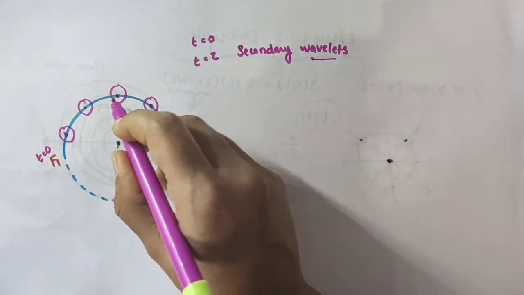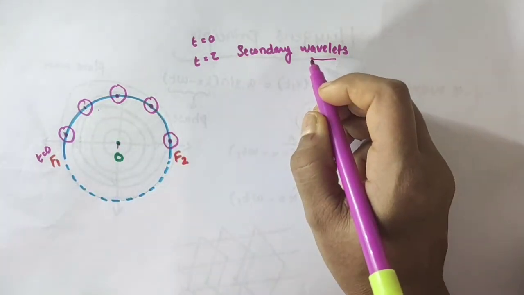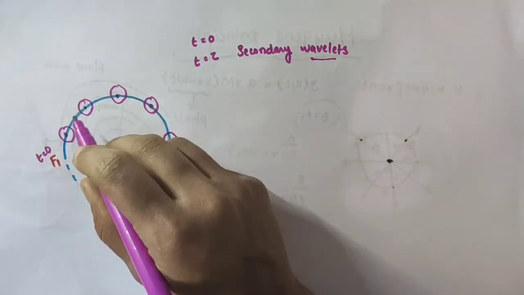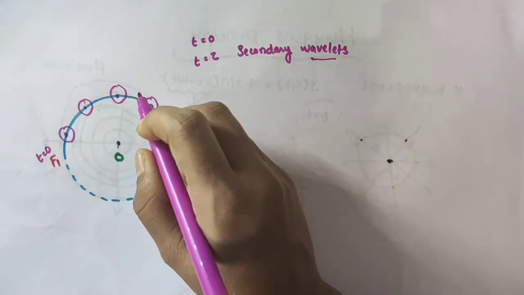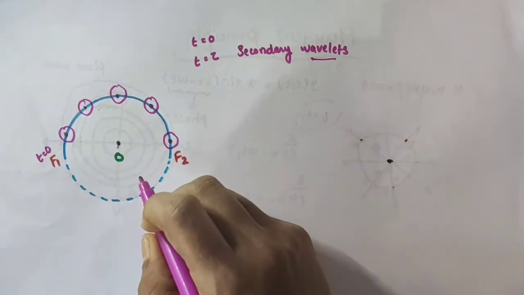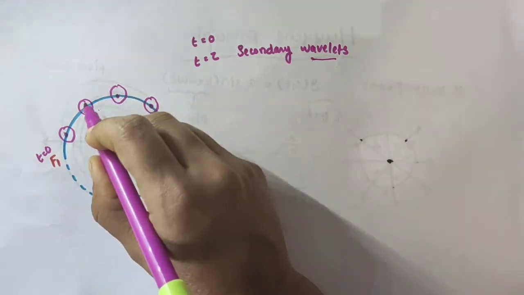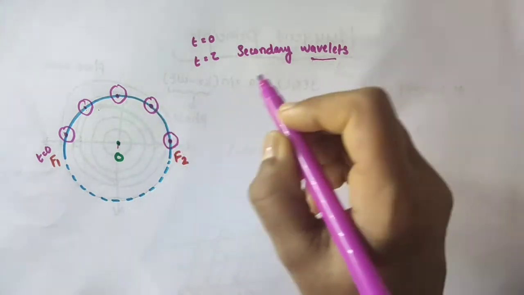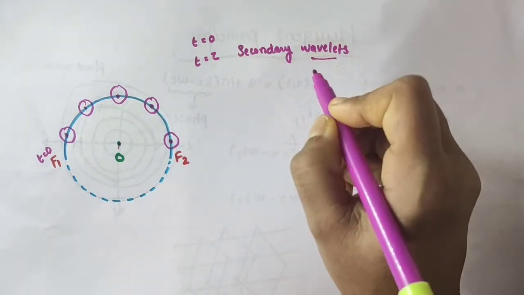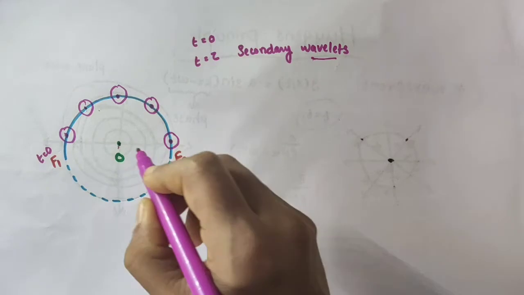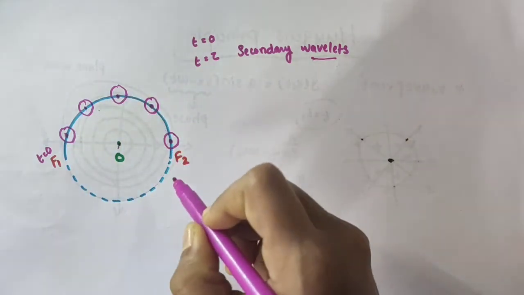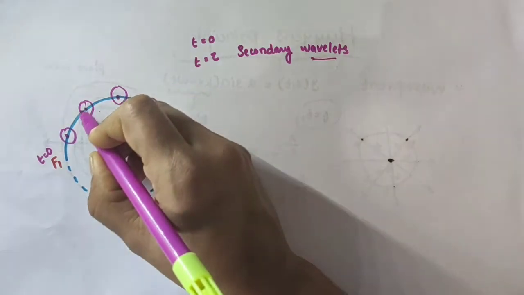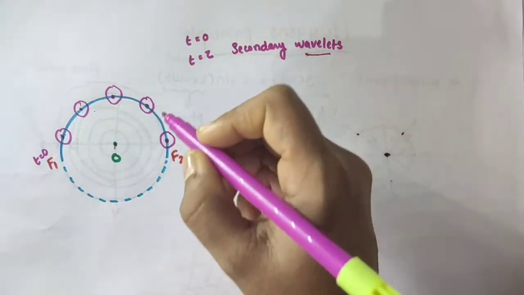So, these points are the sources of wavelets. Wavelets are the small oscillations produced by each point of the wavefront, and they are called secondary wavelets. There can be so many points on the wavefront, and according to Huygens principle, each point of the wavefront will act as a secondary disturbance.